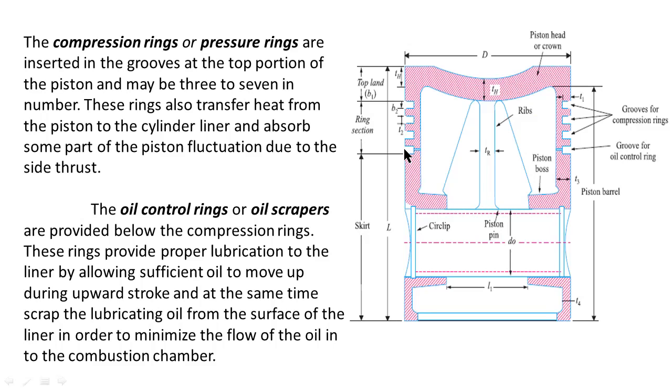These rings provide proper lubrication to the liner by allowing sufficient oil to move up during the upward stroke, and at the same time scrape the lubricating oil from the surface of the liner in order to minimize the flow of oil into the combustion chamber. So these grooves are called oil grooves or piston grooves.